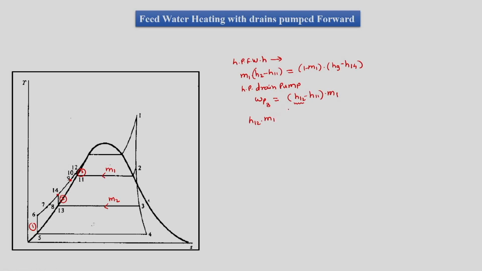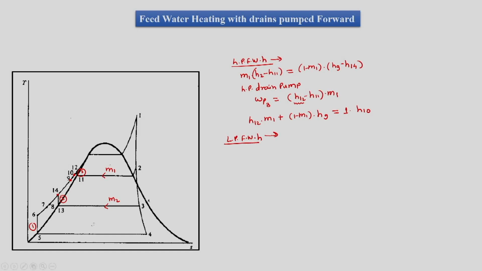H12 of mass M1 is getting mixed with 1 minus M1 mass at H9, and the resultant unit mass will be formed at 10. So 10 is the state where we have low temperature feed water getting mixed with the high temperature drain, and then we can go to the low pressure feed water heater.